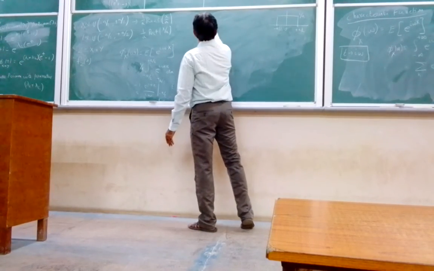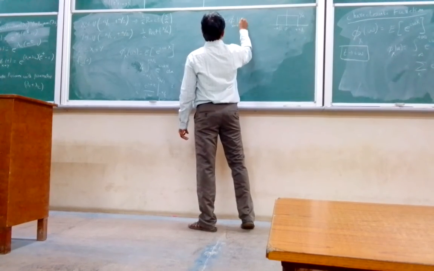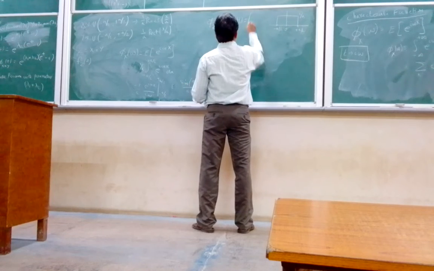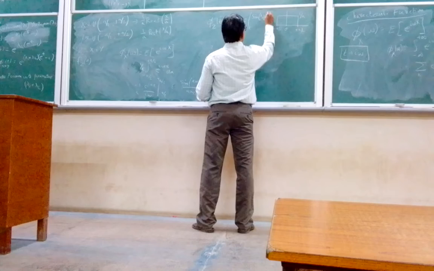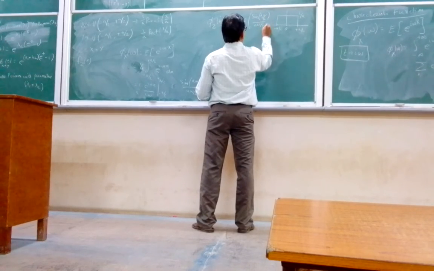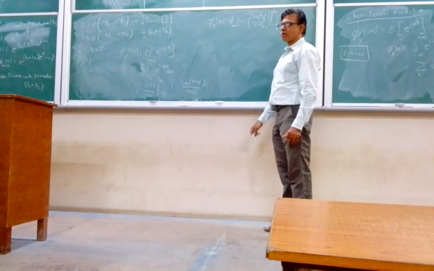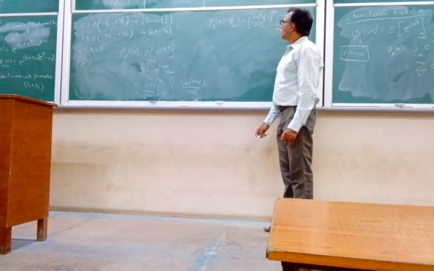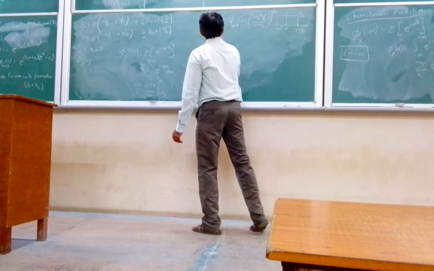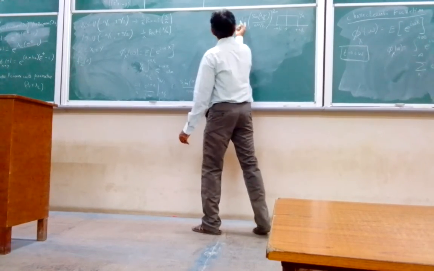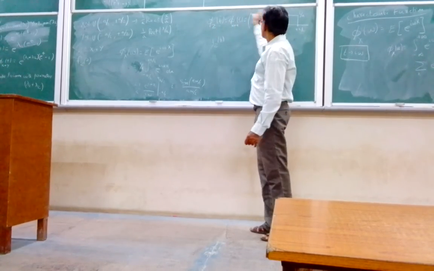So psi z of omega will be the square of this. And if you want f z of small z, you have to take the inverse transform of this.